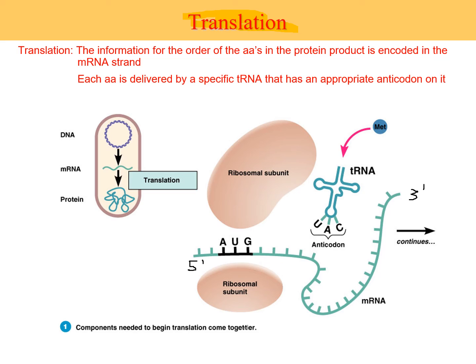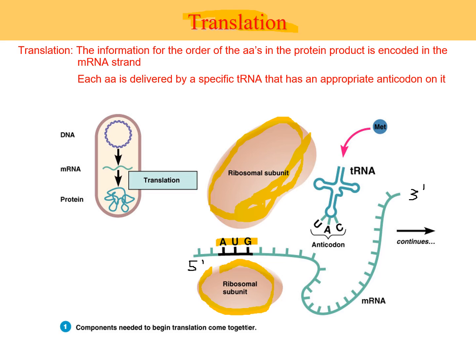The process involves ribosomes, and a ribosome always has 2 subunits. The ribosome attaches to the messenger RNA strand, and translation starts occurring with the AUG start codon, and of course that codes for methionine.